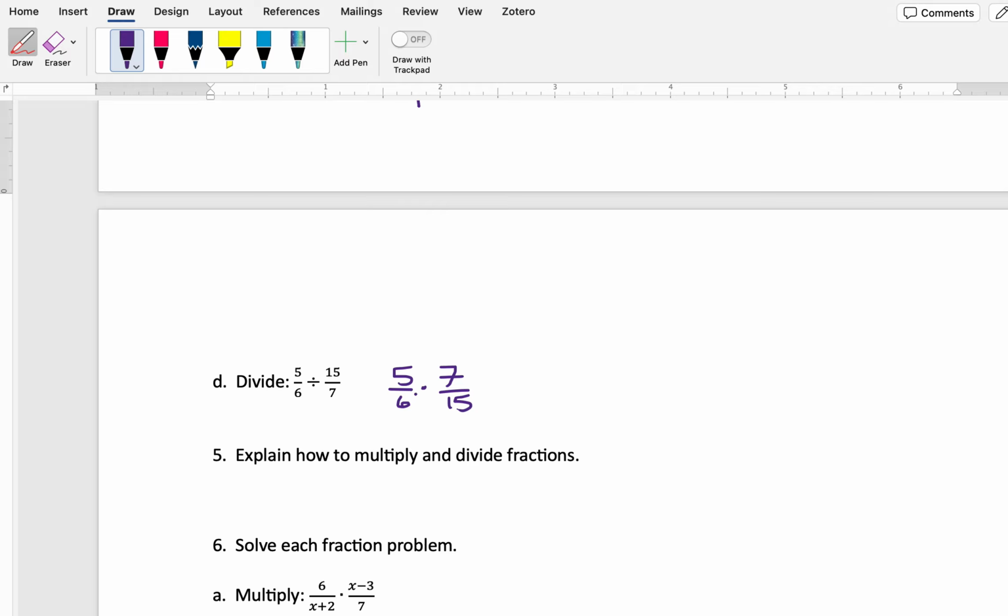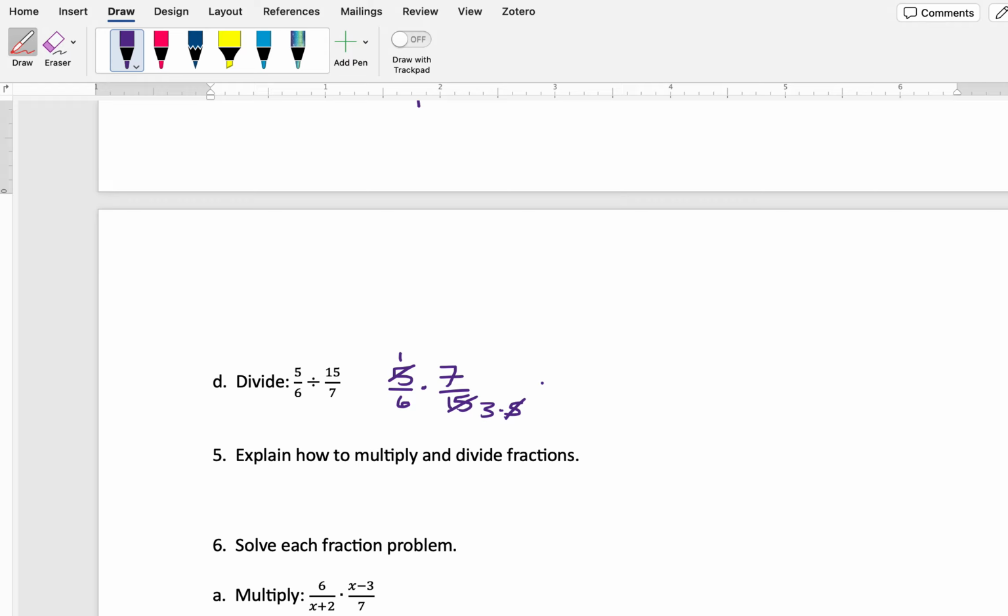So here I see I have 5 and 15. They're not the same number, but I know I can cancel a 5 out of each. So I know that 15 is 3 times 5. And I know that I have a 5 here, so I can cancel that out. And that leaves me with a 3.